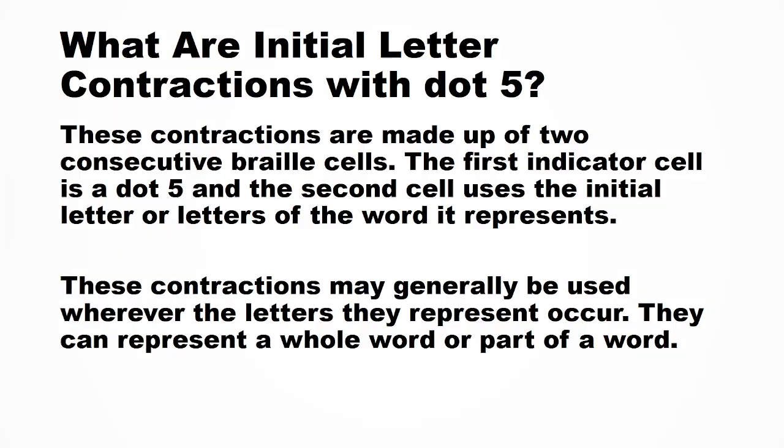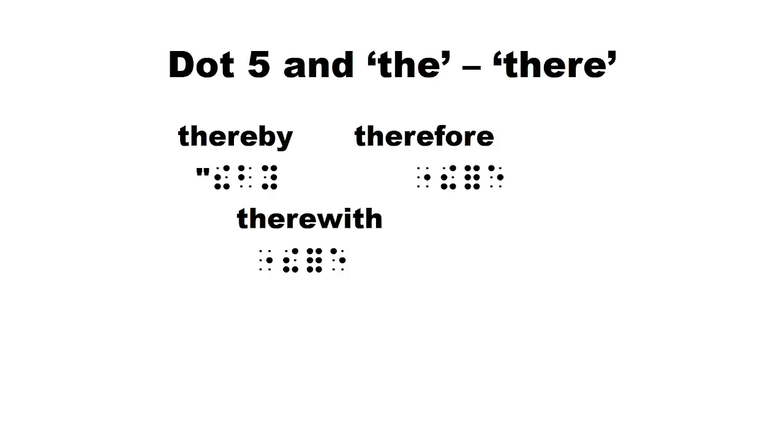So let's take the first among the last five initial letter contractions with dot 5. I'm going to give you the last five for this video. The first is dot 5 and the strong contraction for THE. That would be dot 5 on the first cell and 2, 3, 4, 6 on the second cell.